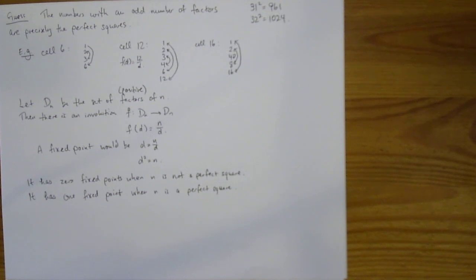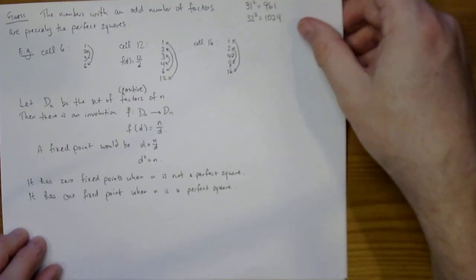You know how many fixed points there are, and you deduce the parity of the size of the set. So that is the brainteaser. And so now we're going to use the same idea to go through this 2 squares theorem. So let me get to that now.